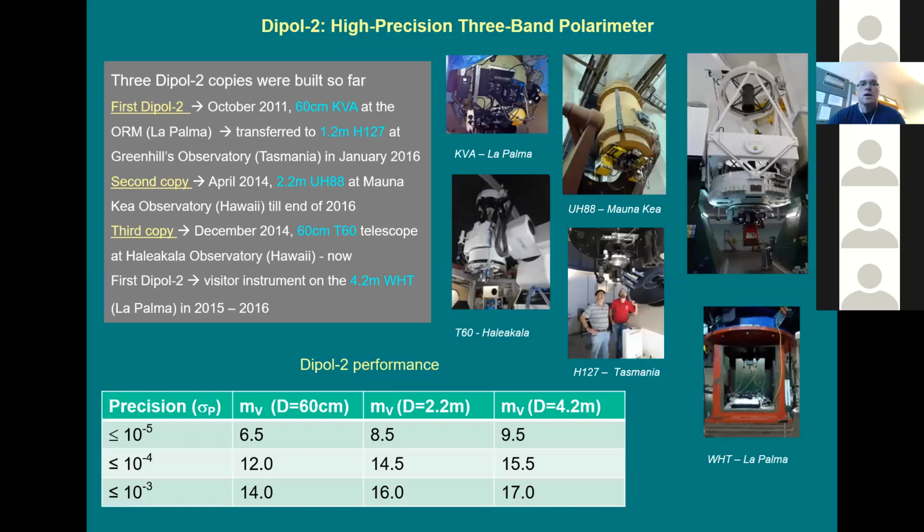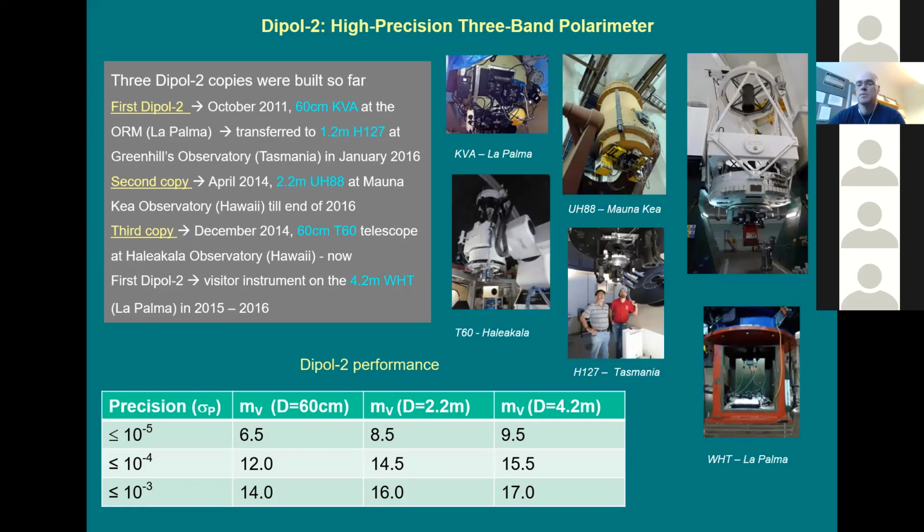Our Dipole 2 polarimeter has been built in 3 copies. The first Dipole was commissioned at the end of October 2011 on the 60 centimeter KVA telescope in La Palma. Later, it was transferred to the 1.2 meter telescope in Greenhill Observatory, Tasmania.